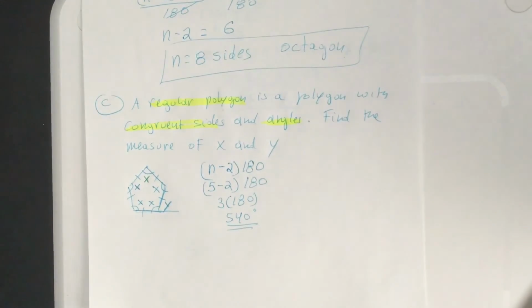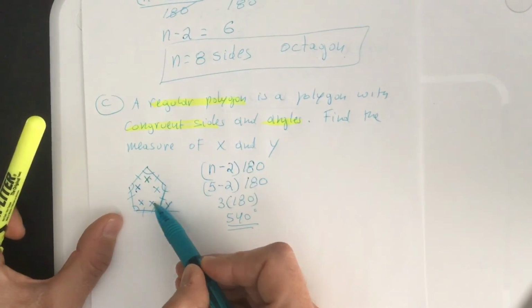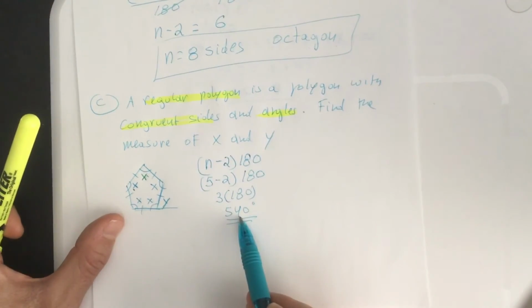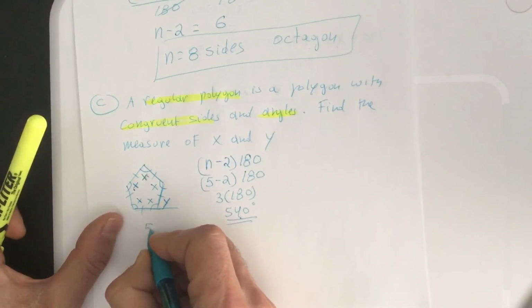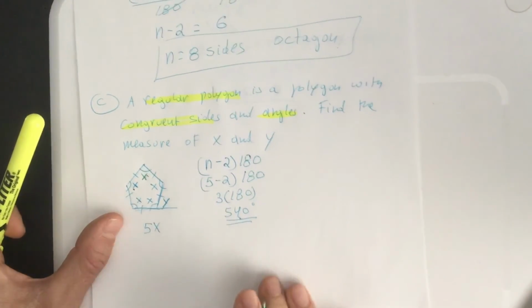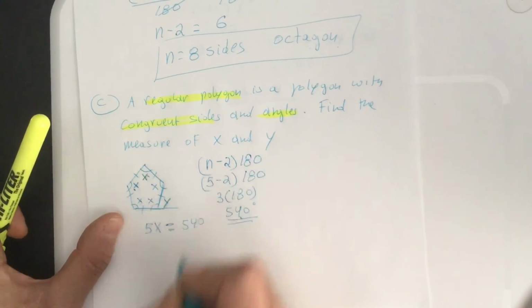So x plus x plus x plus x plus x equals 540. That's a total of 5 x's, so I can write 5x equals 540.